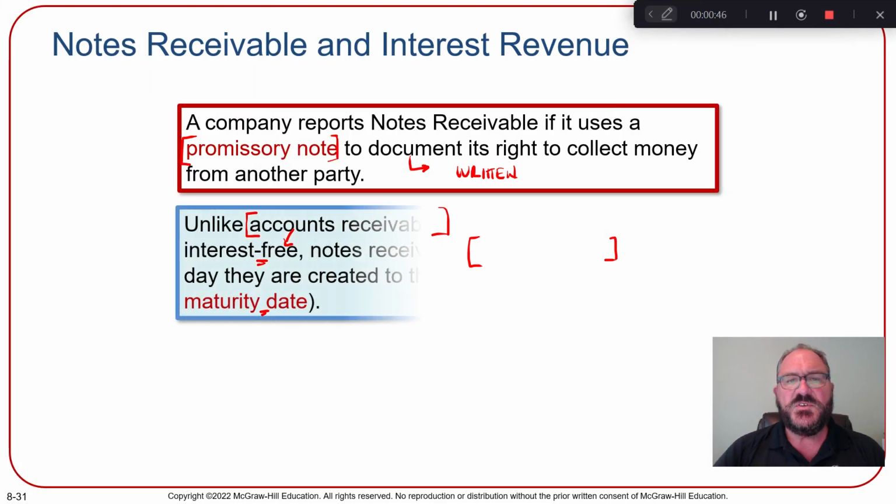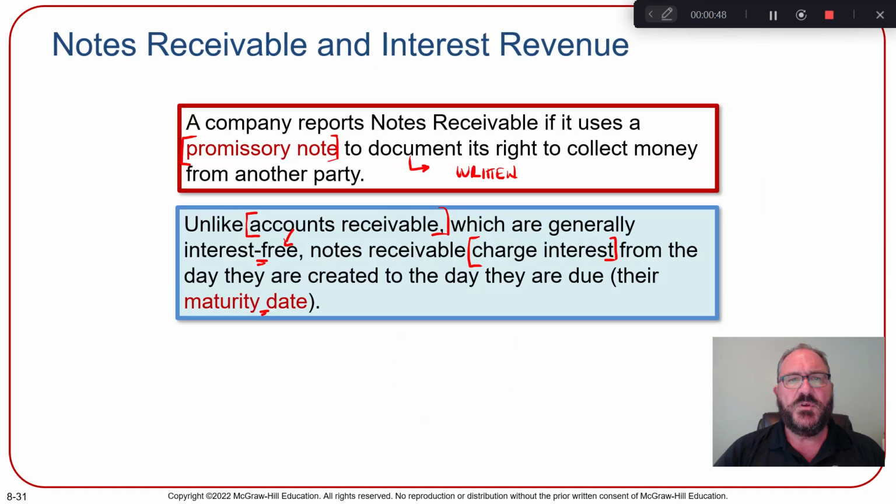All right, so the first thing here, notes receivable, and what this is, it's a promissory note. Basically, in this case, they're loaning money to another company. So note receivables get interest.